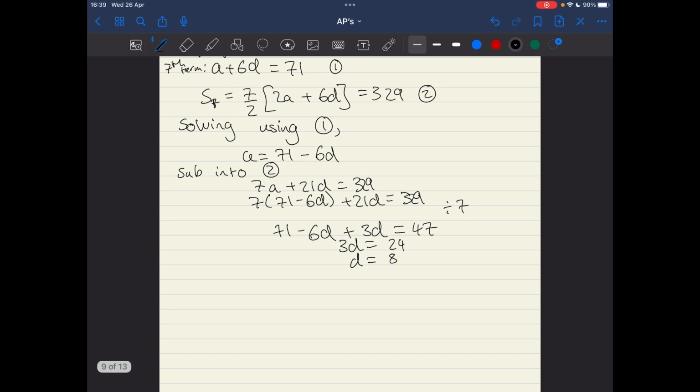So we can sub this back into this here to get A. So sub back into 1. So A is equal to 71 minus 6 bracket 8, which would just be 48. So 71 minus 6 times 8, 48. So A is equal to 23.